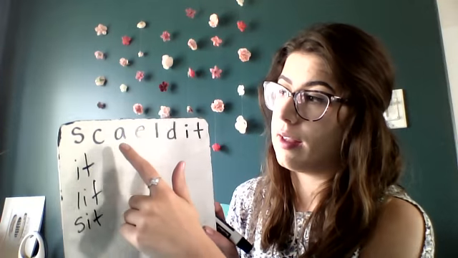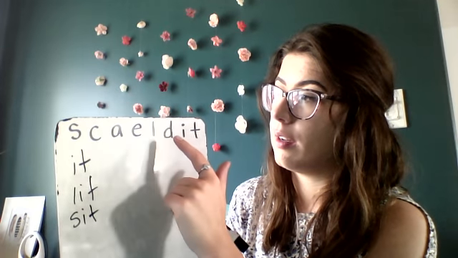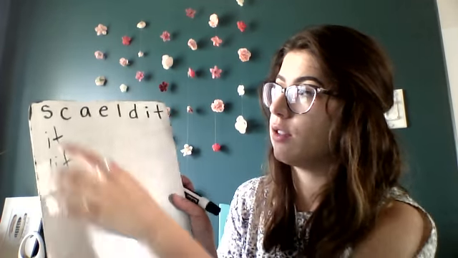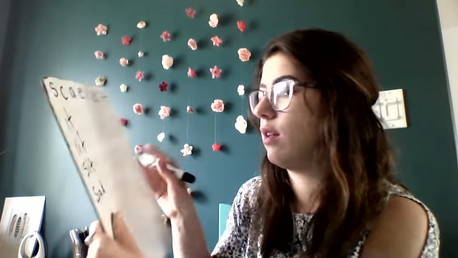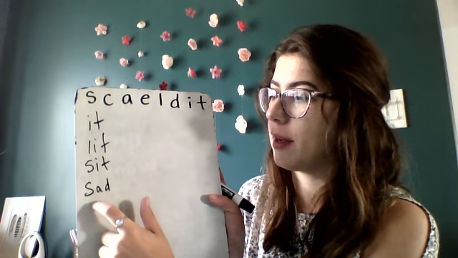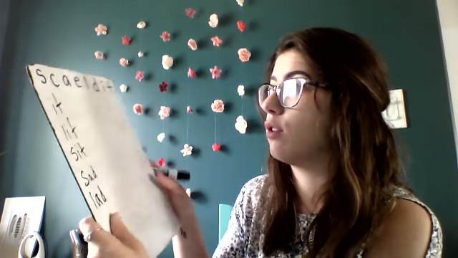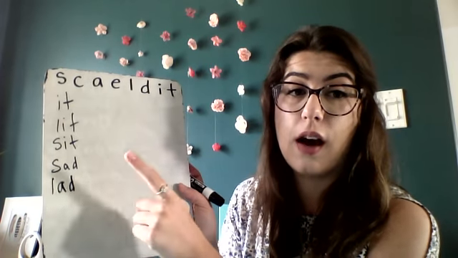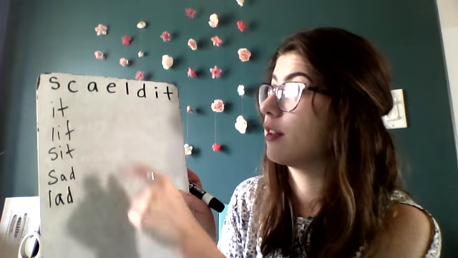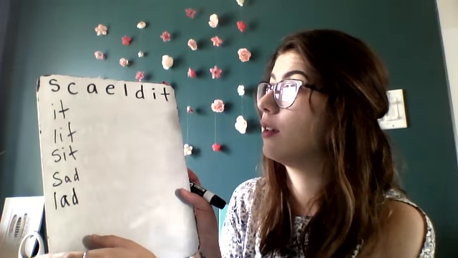Then I might try an AD. So I'm going to go sad. Then I'm changing my consonant. So sad, lad. Okay. Other things to watch for are things like, can you make a magic E?